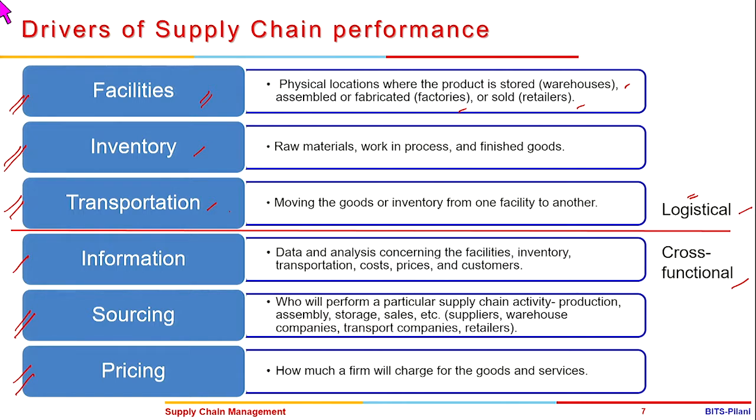Who is going to perform the activities of inventory or warehouses, and who is going to perform the activities of transportation, which might be outsourced. And maybe who is going to perform the activities related to information, because these days information processing is also outsourced. Last one is pricing. Pricing deals with how much a firm is going to charge for the goods and services that it buys and sells.